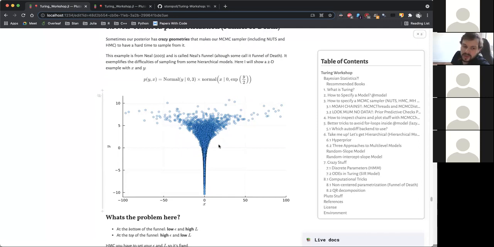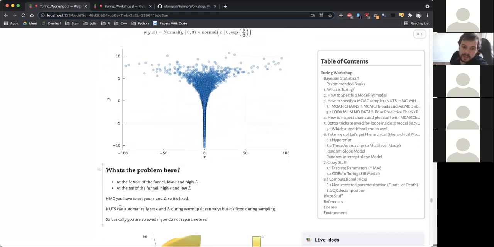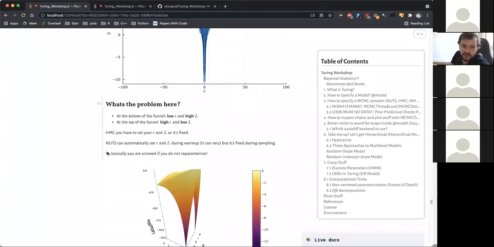And HMC cannot do that because you have to set epsilon and L fixed. And with NUTS, you can automatically set epsilon and L during warm-up. It can vary, but during sampling, it's fixed. So you are stuck in the funnel of death. How do you fix that?